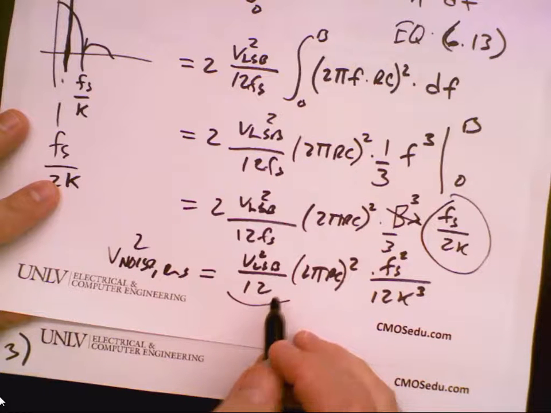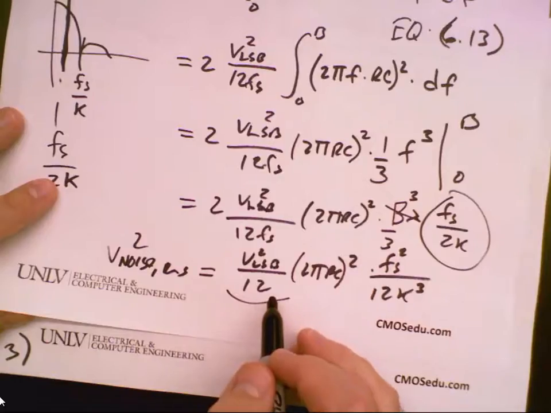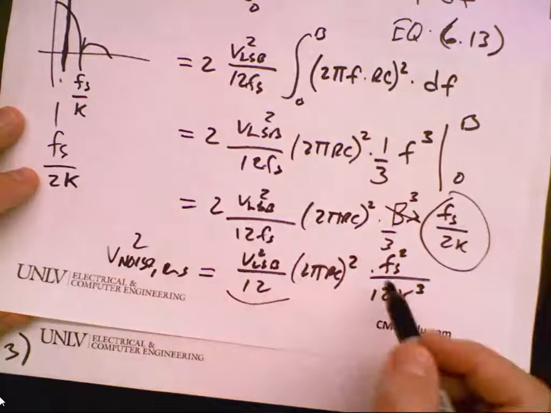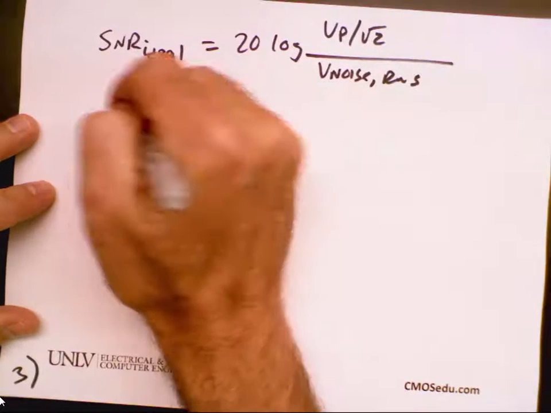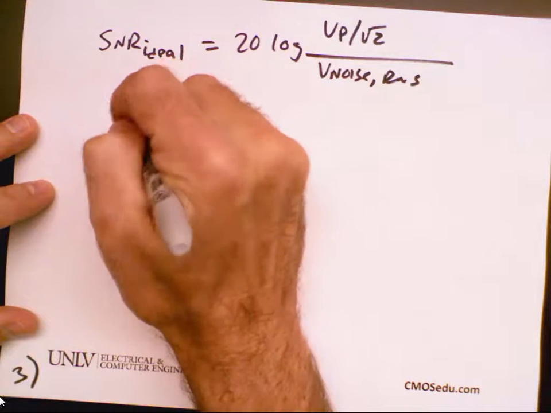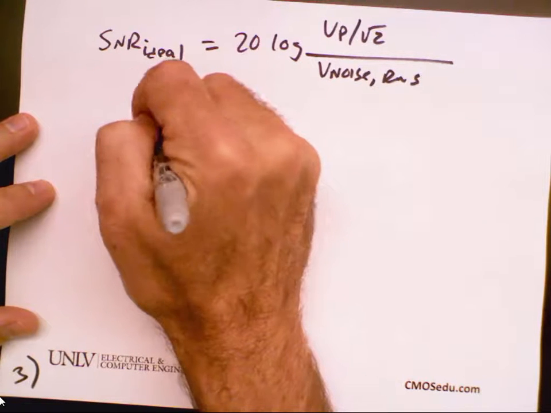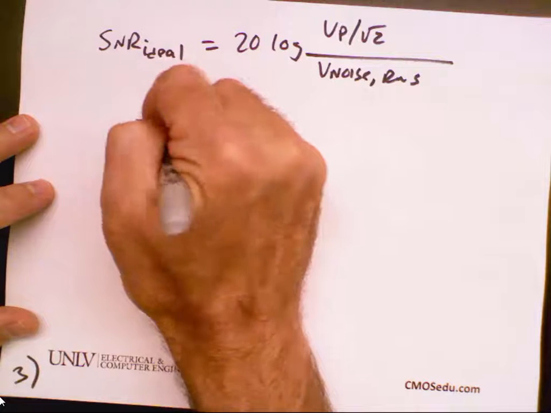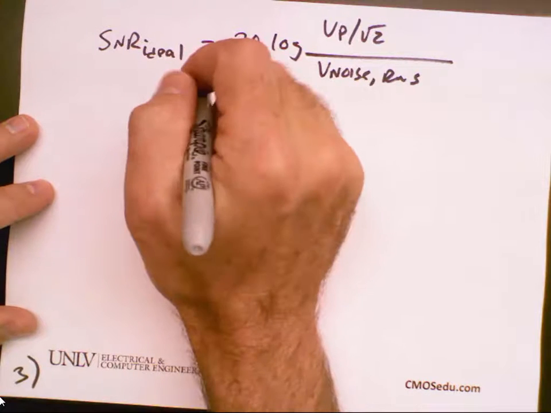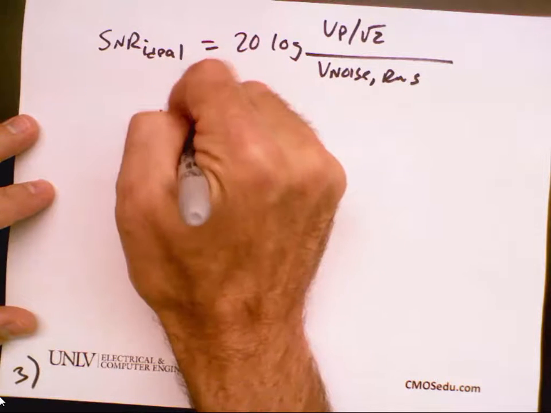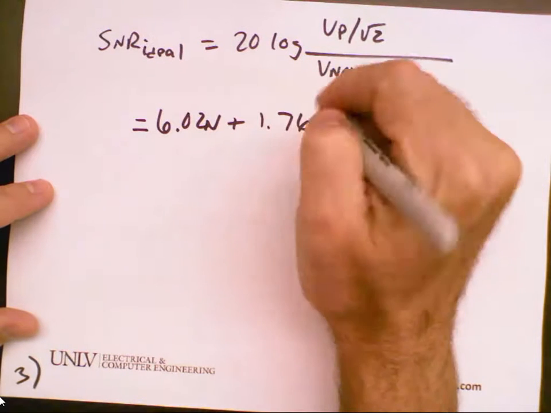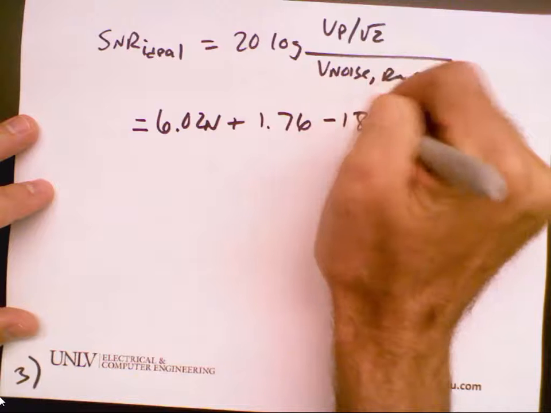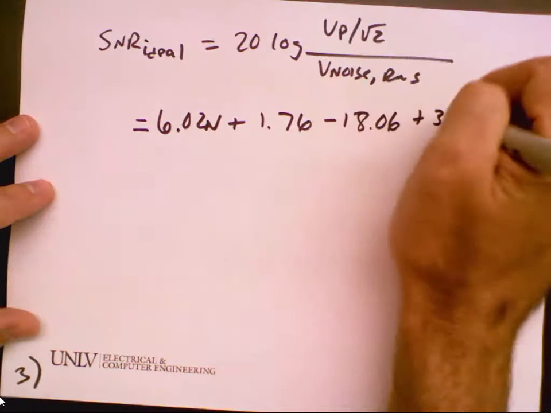So in the effective bits calculation, I got 6.02n plus 1.76. I want to put it in that same format so I can see how the added averaging affects things. So if I do that, then I can write, since I want to get through more stuff, I'm going to write 618 directly: 6.02n plus 1.76 minus 18.06 plus 30 log of k.